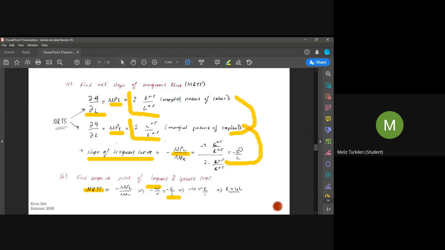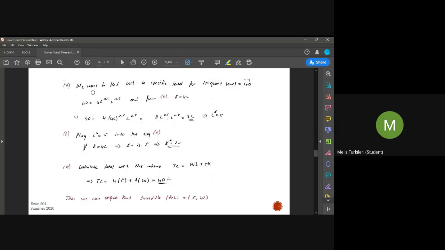And I know that the slope of the isocost line is equal to -4. If you do this calculation, you will find that K should be equal to 4 times L. Okay? We are going to use this information now. We want to find a specific level for the isoquant when it is equal to 40.